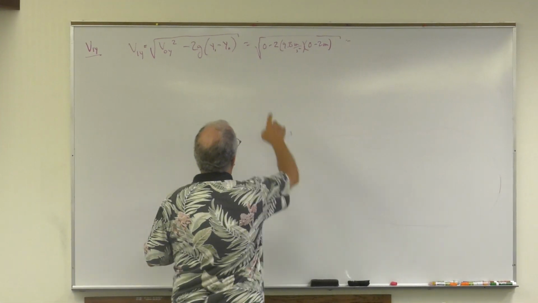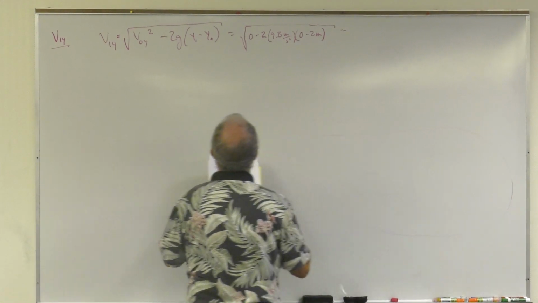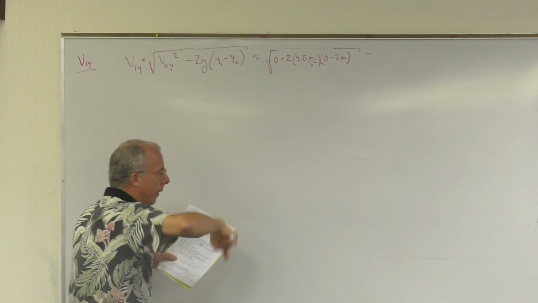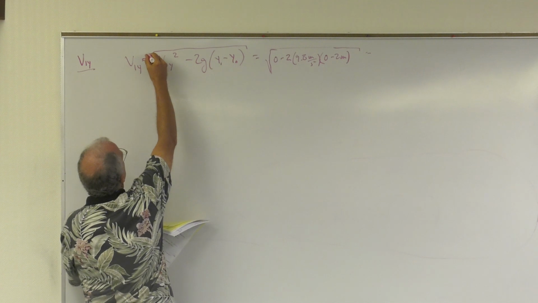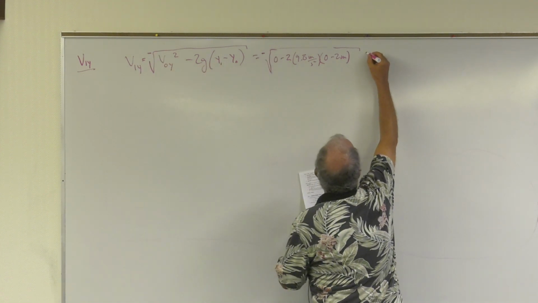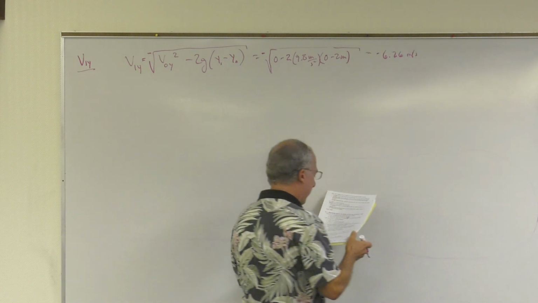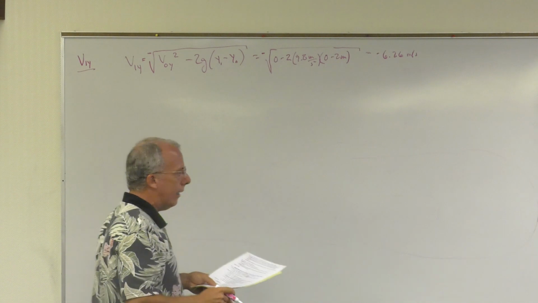And we have a minus sign there and a minus sign there, so we're not going to get in any trouble. But hold it. We know it's going down, so when we take the square root, we better put a minus sign, huh? So we get minus 6.26 meters per second. Okay, so that's just v1y.